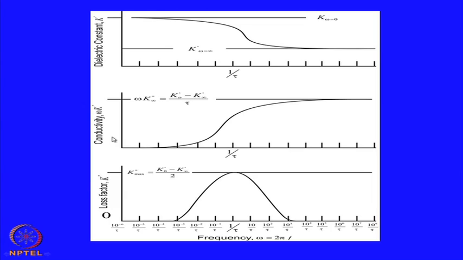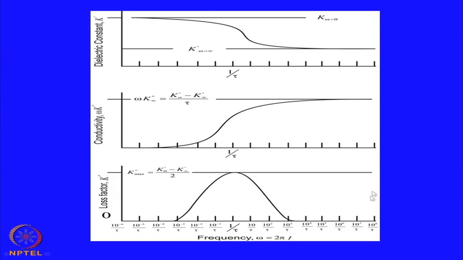This is conductivity, or omega into epsilon double prime, and this is the loss factor or the loss tangent. The loss factor is actually k double prime, or k prime into tan delta. So, it is basically a loss curve, this is a conductivity curve, and this is the dielectric constant curve. In any material, this is a very general characteristic.